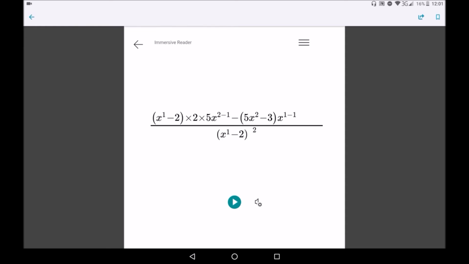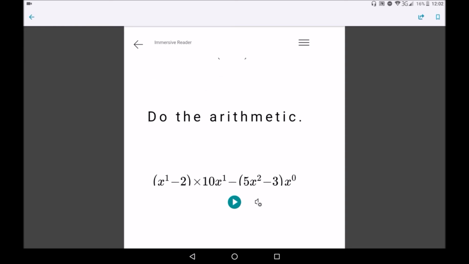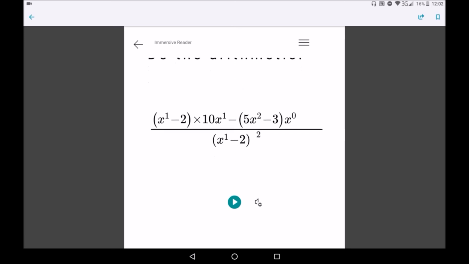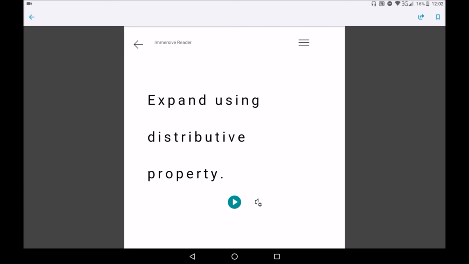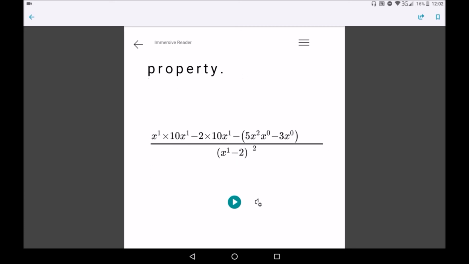So now after here, it becomes normal maths. Collect like terms together, so we do the arithmetic. Grouping. Expand using the distributive property.